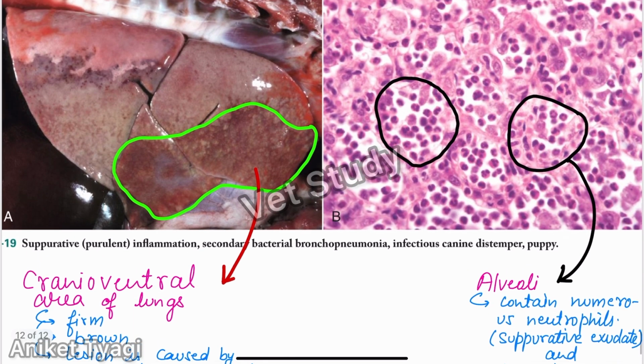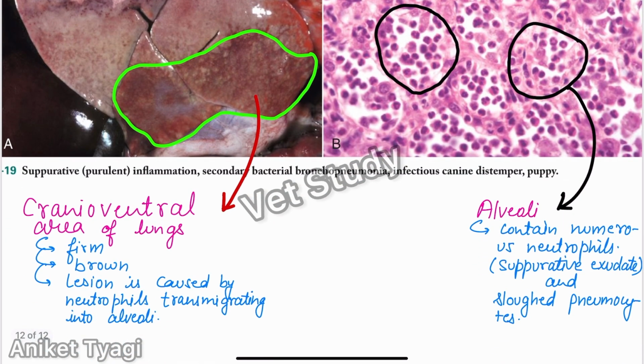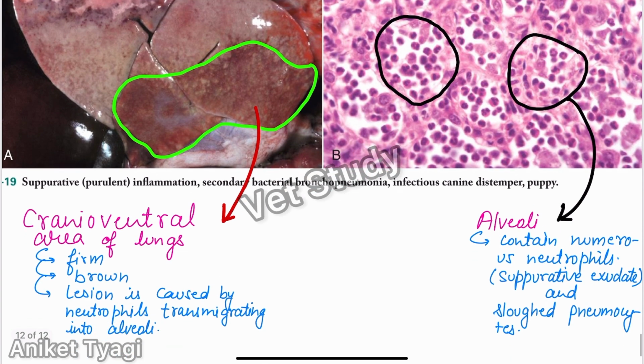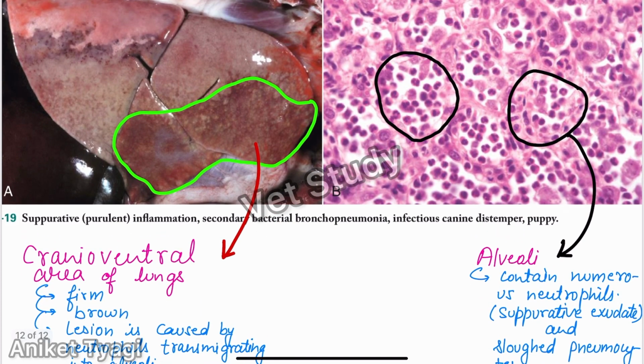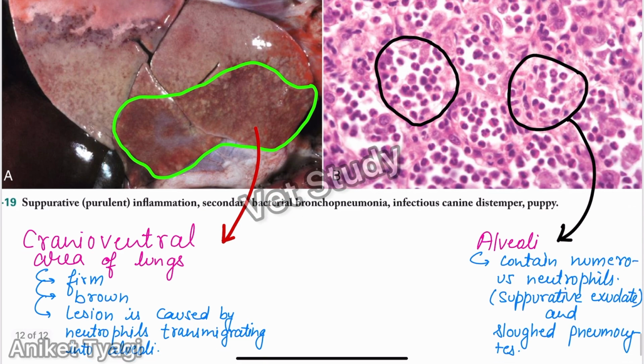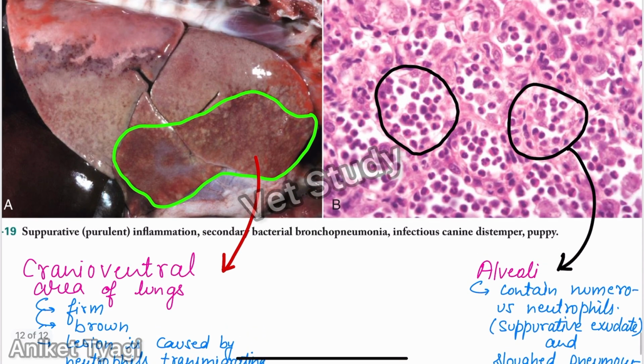So you can see that the color of this region is not normal. Okay, this is due to suppurative inflammation, which occurs due to the transmigration of neutrophils into the alveoli. And you can see microscopically that alveoli contain numerous neutrophils, which is suppurative exudate, and sloughed pneumocytes.